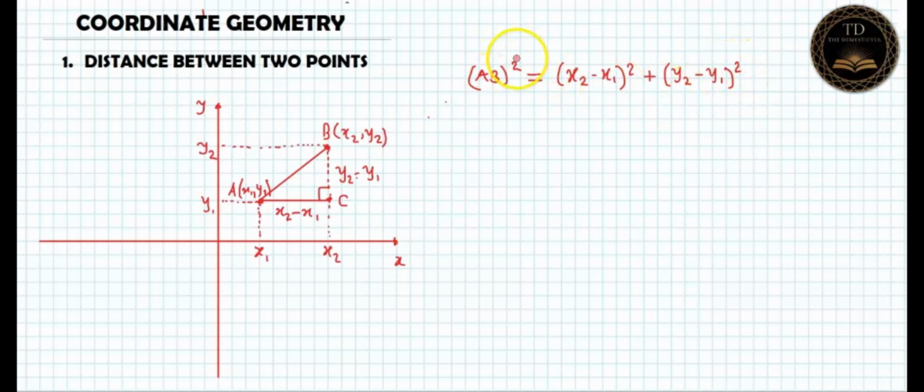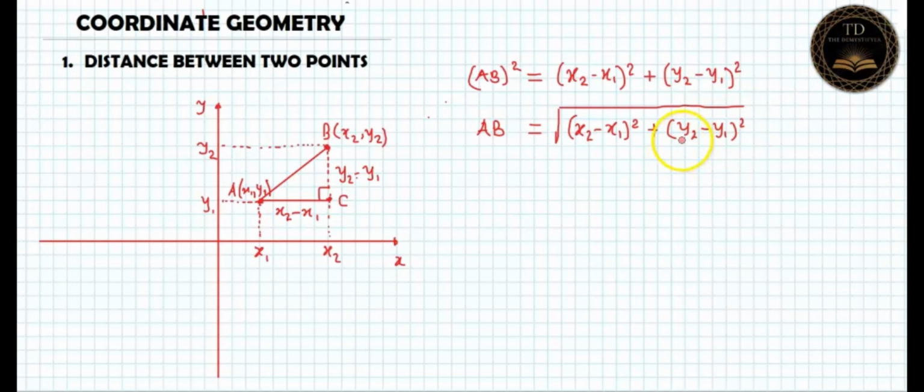Now we're interested in AB and not AB squared, so I'll take the square root of both sides. The square root takes the square off, so I'll be left with AB equal to the square root of x2 minus x1 all squared plus y2 minus y1 all squared.